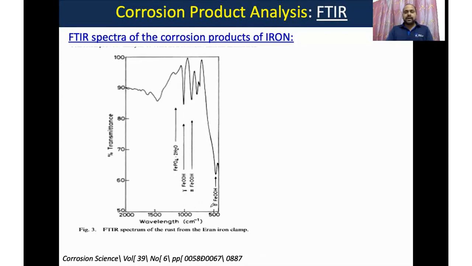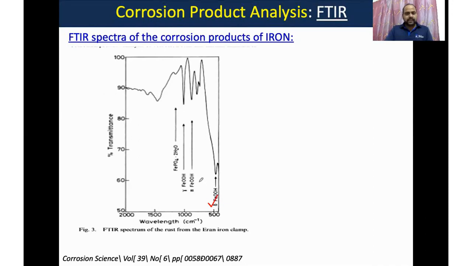If you are interested in functional groups, then go beyond 1500. And here they were just interested in the molecular structure or the elemental phase. So they performed the analysis from 2000 to 500, and you see the peak at 500, designated as delta FeOH.